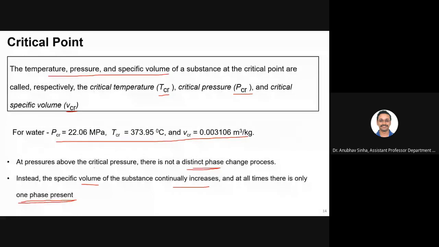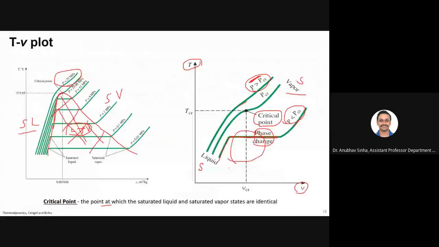There's no distinct phase change process. If you look at this plot, we see a very clear process where we change phase for any subcritical point.